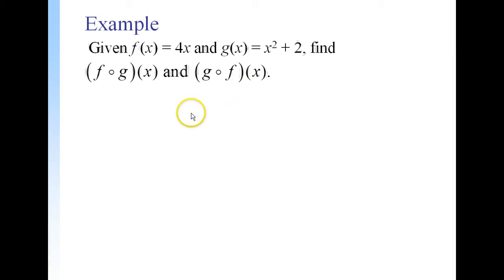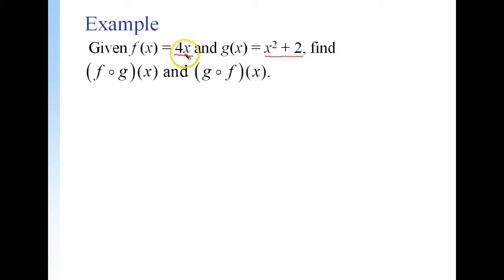So let's take a look at this particular example. Now here they're giving you the function of f, which is, I'll get my pen going here, which is this, and the function of g, which is this. So they want you to find f composite with g, or f circle g, and also they want you to reverse this to see what happens.